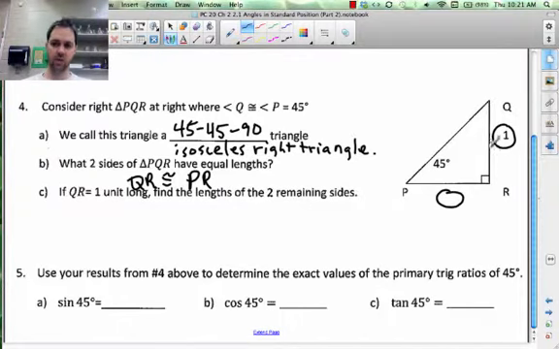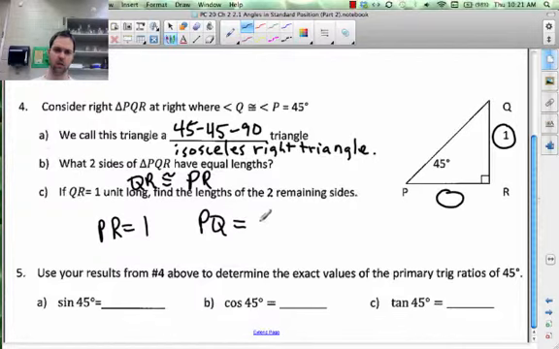This is really quick based on what we just did. PR has the same length, and then PQ or QP from the last page that we did would be root 2. From your results above, determine these ratios. Sine of 45, now we know that sine of 45 is opposite over adjacent. So it doesn't matter if we go here or if we go here.